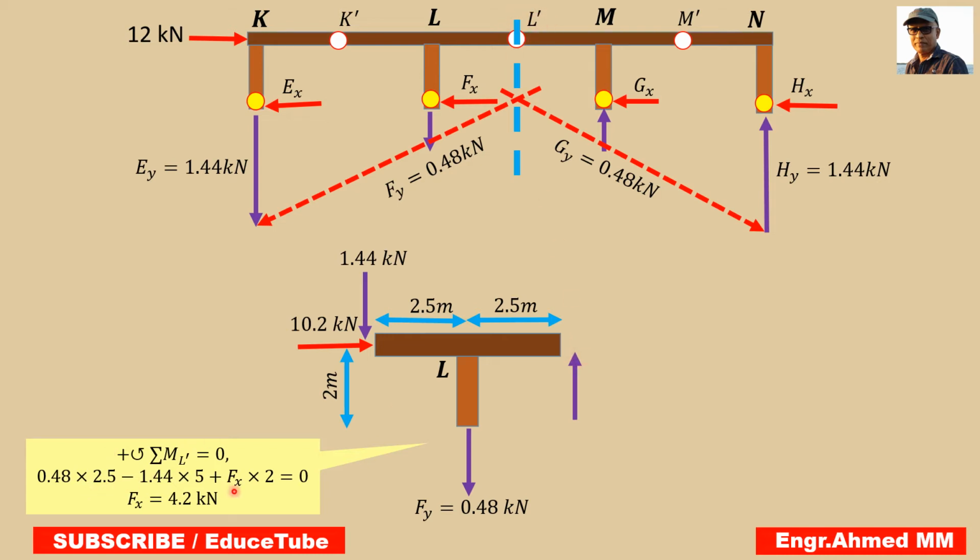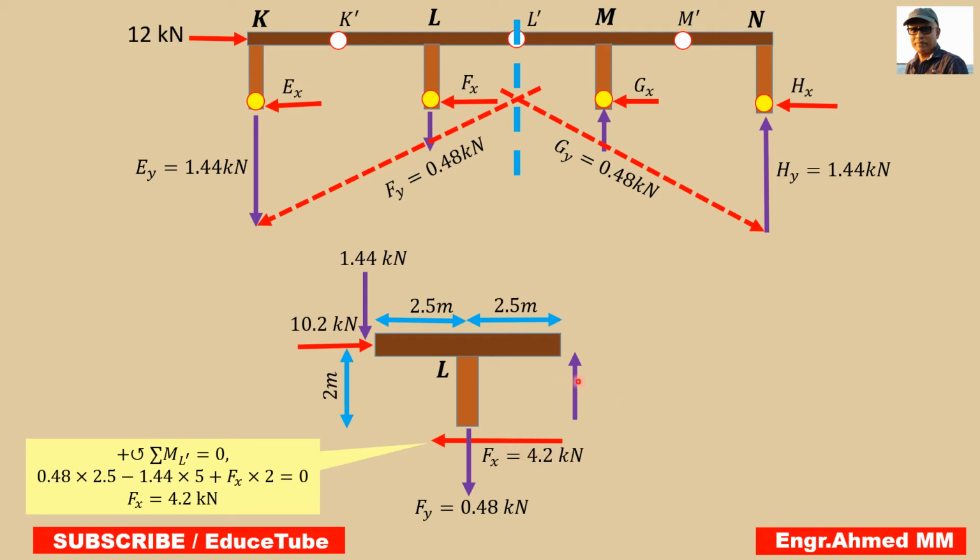So I will get 0.48 multiplied by 2.5 minus 1.44 multiplied by 5, and here I consider the horizontal force Fx, because this is Fy. So I can find it: it is 4.2.